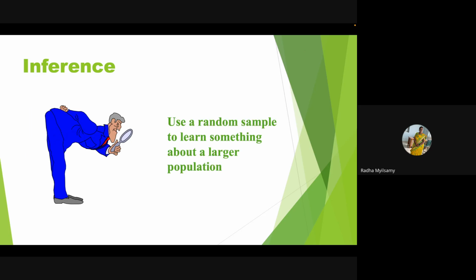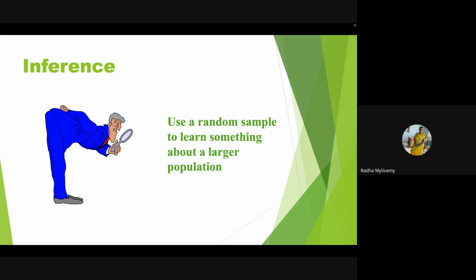It is nothing but using a small portion, called a sample, to give the interpretation to the population. The population is the area covered for our study. It is a big area, and it is not possible to do everything based on the total population every time.